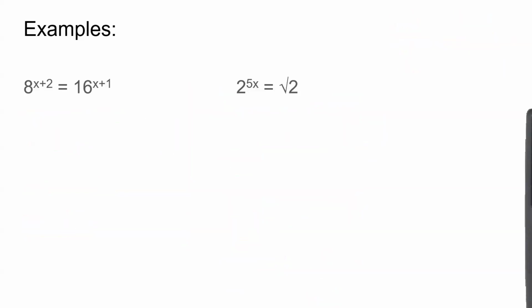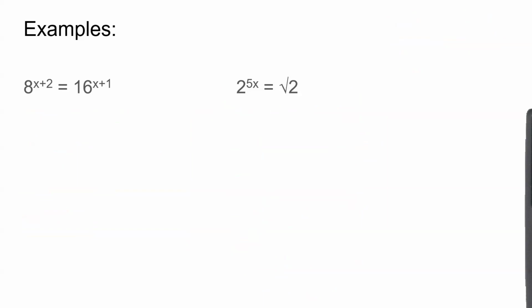Right here, what can we do with this? Well, there's a couple things we could do. We could take the log of both sides and then bring down the exponents. They don't have a log 8 on the left and a log 16 on the right, so that's a little bit different. It won't work out too well.